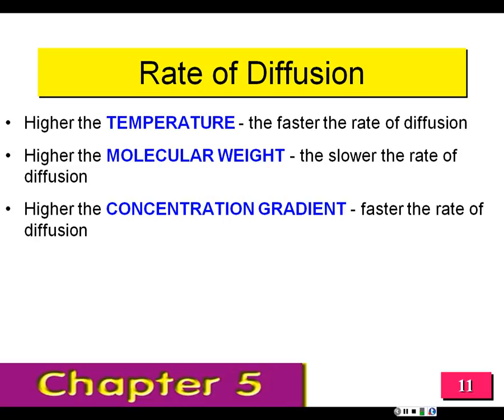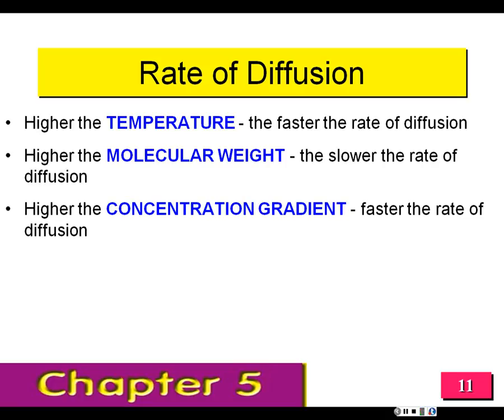I'm going to put a 90% sodium chloride solution here, and on top of that 90% solution, I'm going to put a 20% sodium chloride solution. Over here, I'm going to put a 40% sodium chloride solution, and I'm going to put a 20% sodium chloride solution. Which one's going to come to equilibrium first?